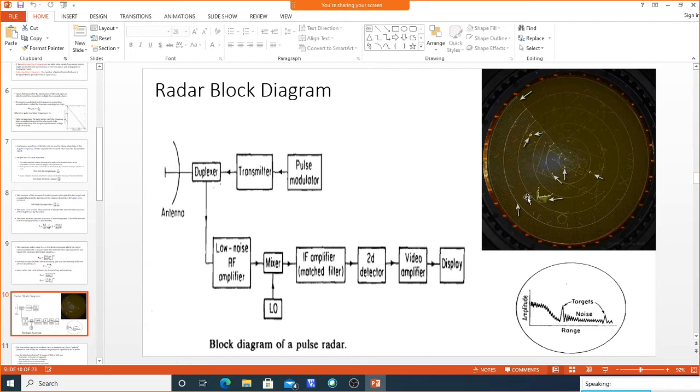Generally, with the cathode ray tube, you might have seen in labs, earlier oscilloscopes had intensity controls; you can vary that and see the signal intensity. Like that, whenever the signal power is given to that display, the intensity will be varied and can be displayed.